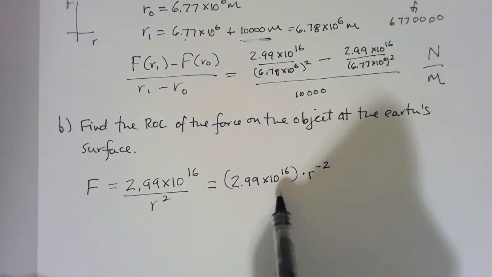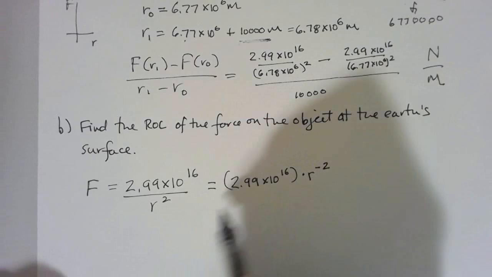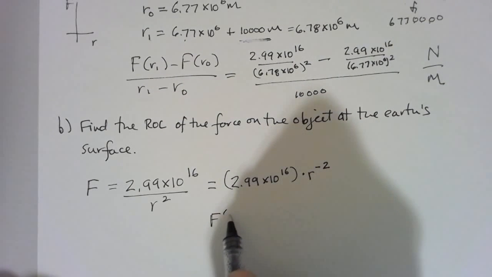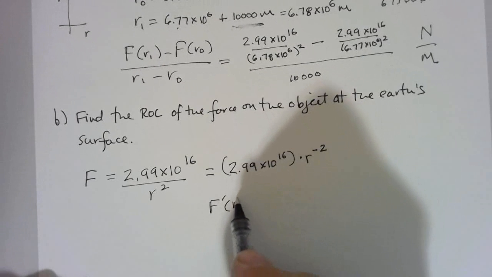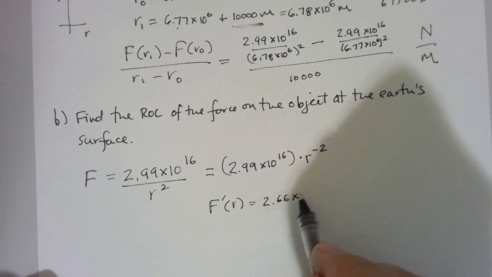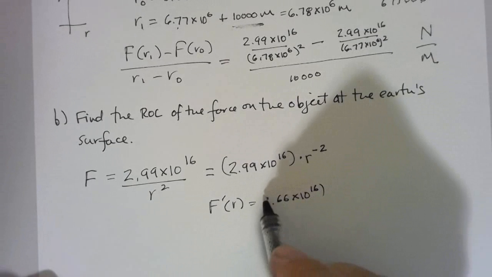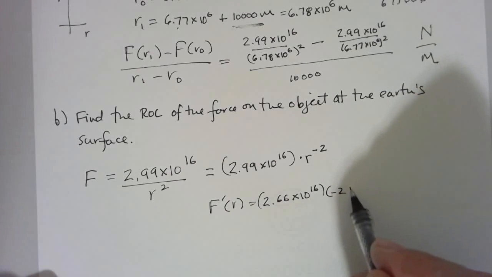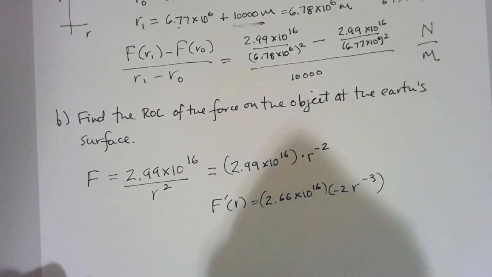So this is just a constant times r to the minus 2. So the derivative, f prime of r, this multiplicative constant just sits there. And then we have times minus 2r to the minus 3.